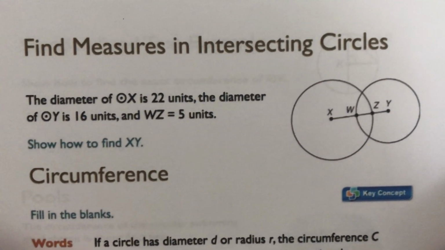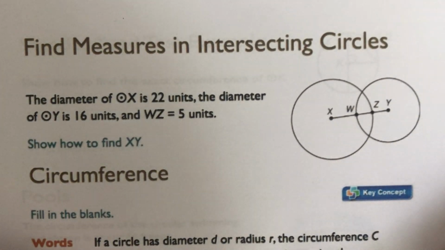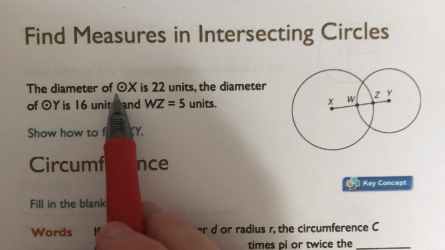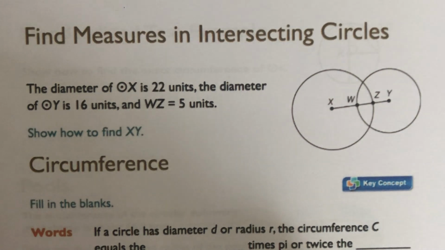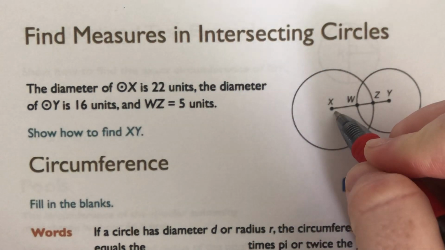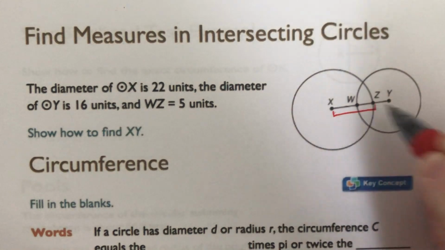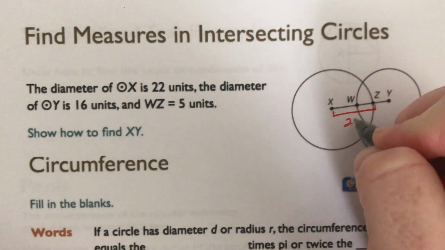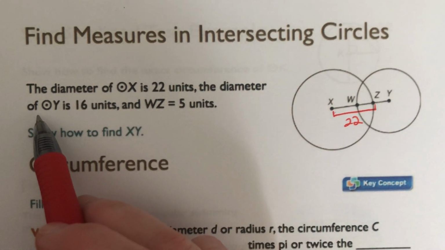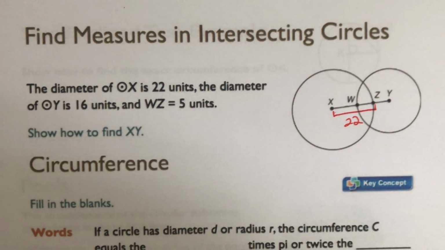All right, find measures in intersecting circles. This is kind of fun. This is where the math comes in. All right, the diameter of circle X is 22 units. So here's circle X. So the diameter is from X to Z, and that's 22 units, okay? The diameter of circle Y is 16 units.